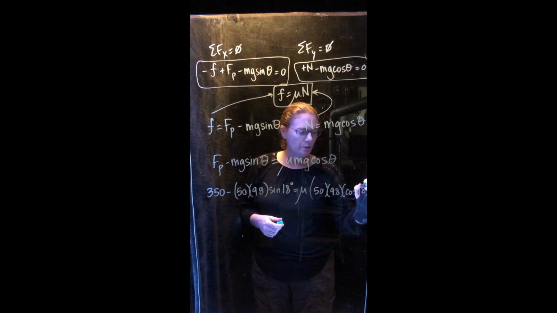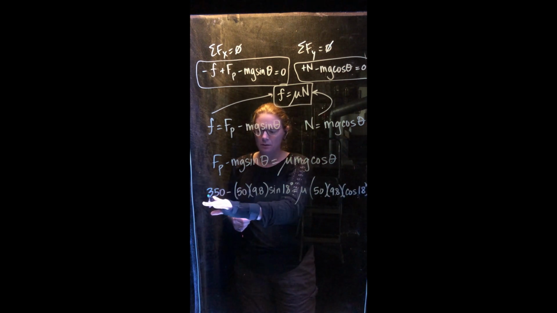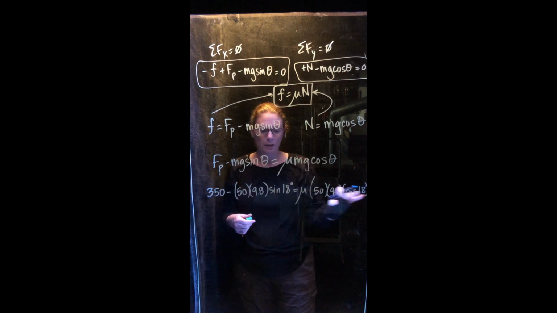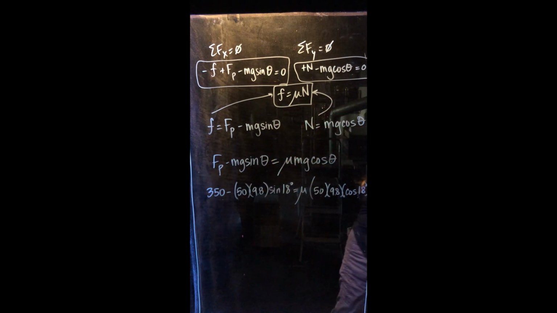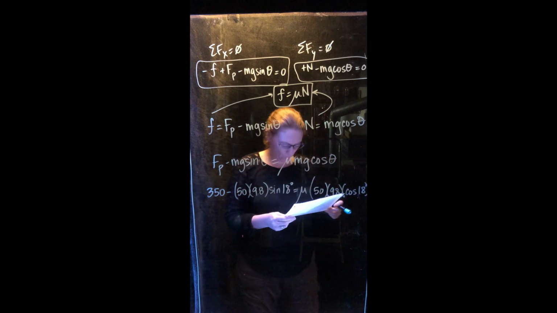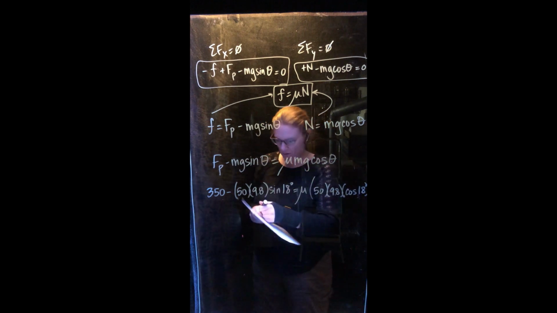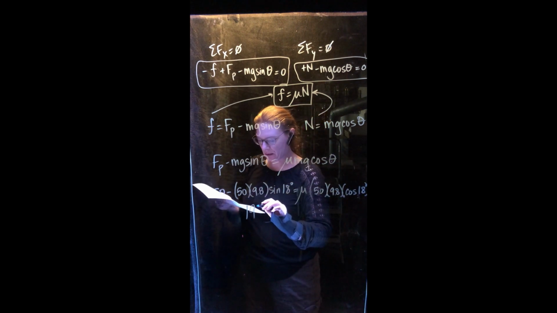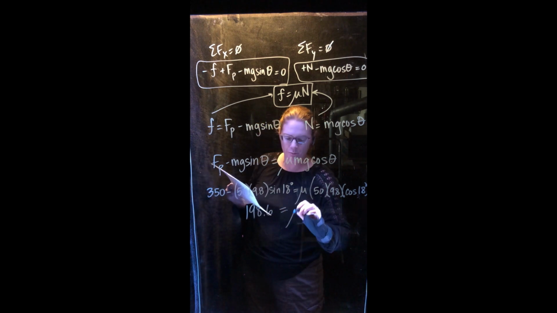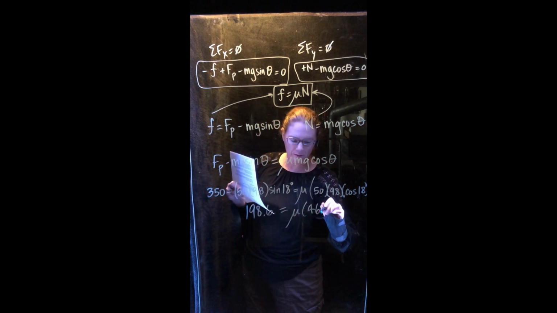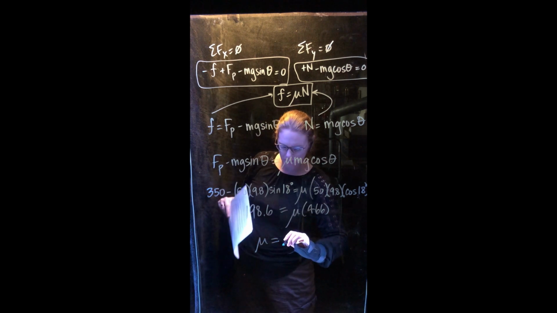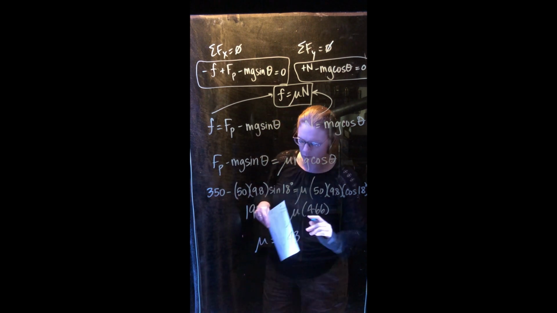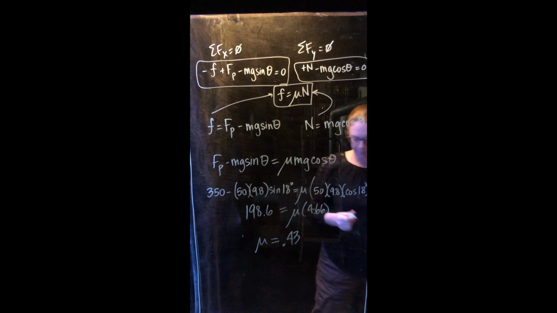All right, grab your calculator and see what you get. I get 198.6 equals mu times 466. Oh yeah, that'll work out well. Mu equals 0.43. That's what I got.